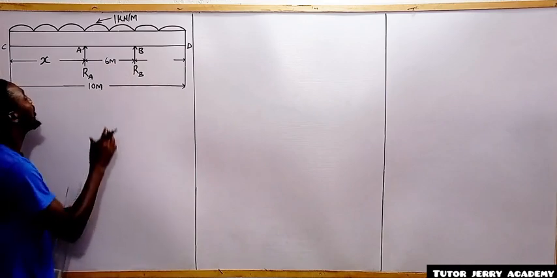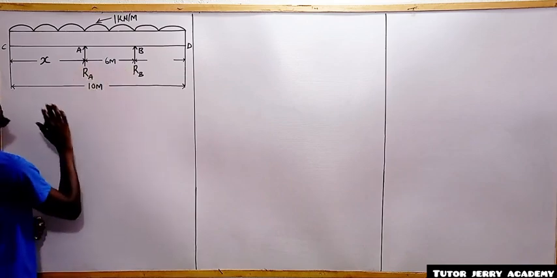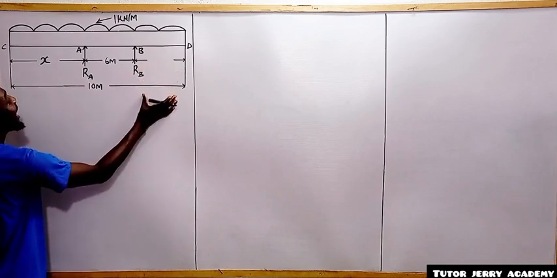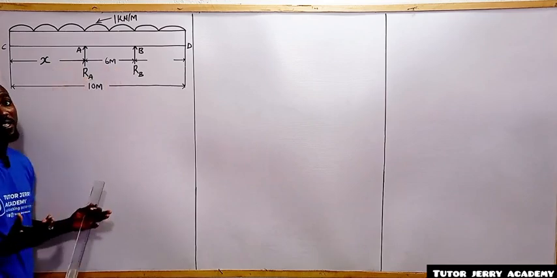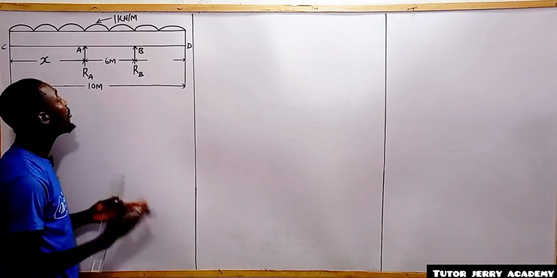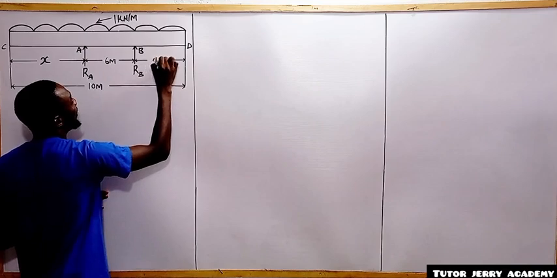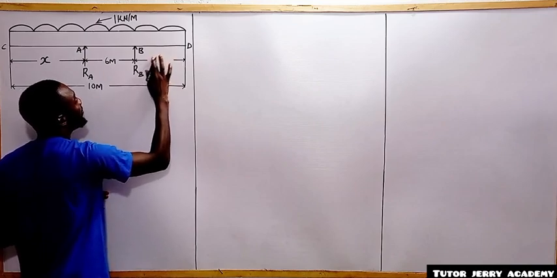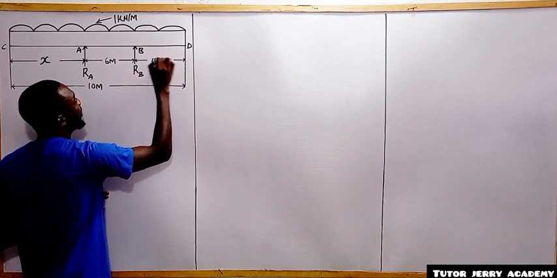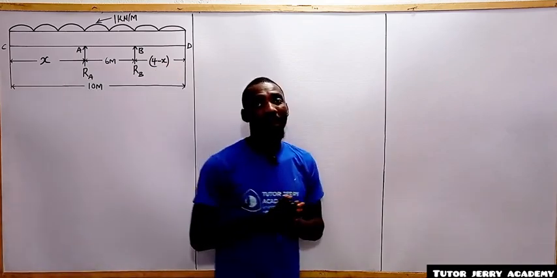Since from this point to this point is 10, and this point to this point is 6, this distance is going to be 10 minus 6 plus S. All right, 10 minus 6 plus S is going to give us 4 plus S. So this distance is going to be 4 minus S.